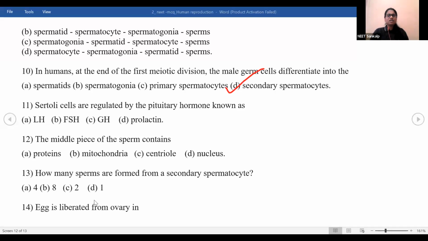Next, Sertoli cells are regulated by the pituitary hormone known as: luteinizing hormone, follicle stimulating hormone, growth hormone, prolactin. Sertoli cells produce testosterone, so this production is regulated by which hormone?